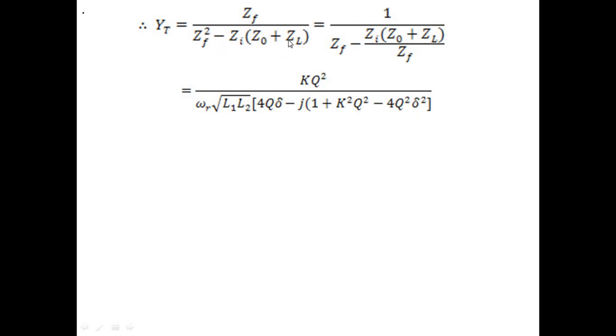Substitute all the different formulas, Zf, Zi, Z0 plus ZL, and simplify further on your own, and you will get Yt is equal to KQ square divided by omega R square root of L1 L2 into 4Q delta minus J of 1 plus K square Q square minus 4Q square delta square. And this is how we derive the transadmittance in case of double tuned amplifier.